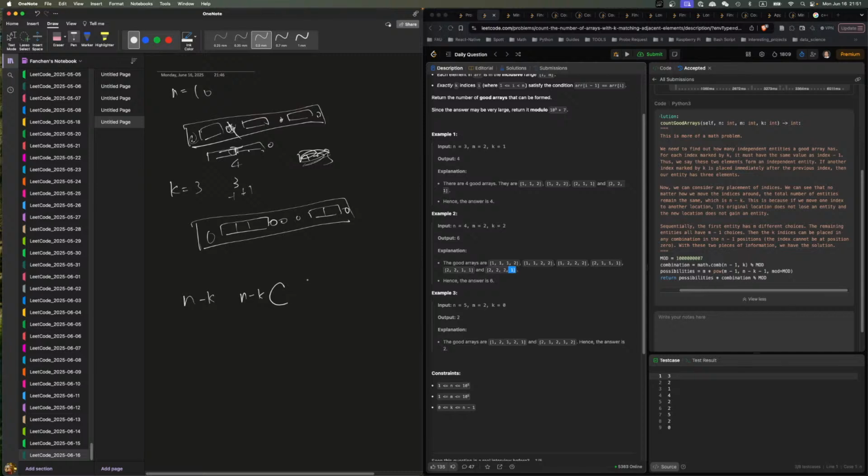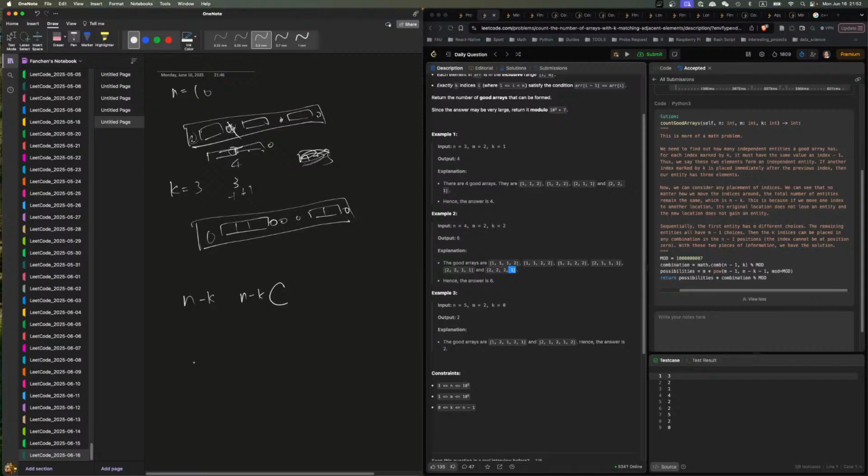Yeah, they should all be different, right? N minus k entities. They should all be different. Which means, I still don't understand. The first entity has m different choices. Okay. The remaining entities all have m minus 1 choices. That makes more sense. The first entity has m choices, and this is m minus 1, every one.